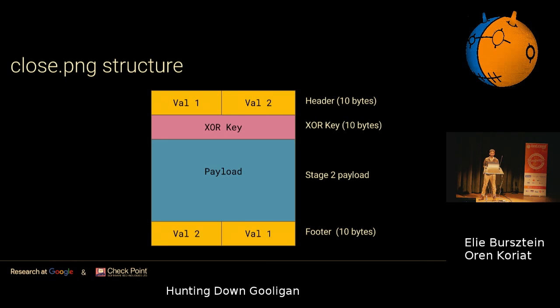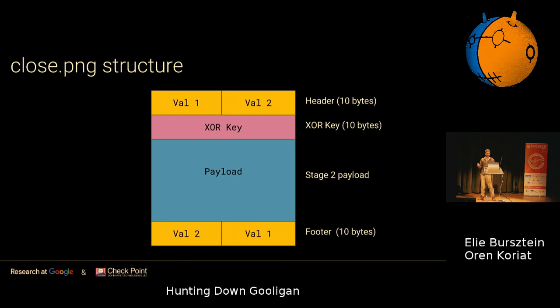close.png. So you have the payload, and prepended to the payload you have the XOR key. So that's 10 bytes of XOR key that are used in a loop. And you have a header and a footer. The header and the footer contain the same values, 5 bytes each, but in swapped order. And before starting to decrypt the payload, it is checking that val1 equals val1 and val2 equals val2.